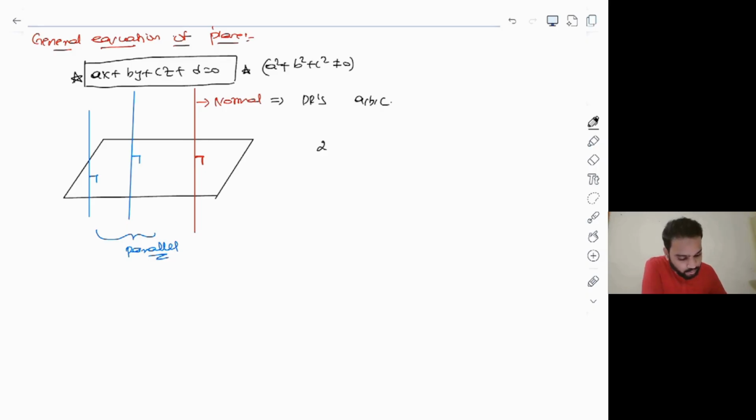For example, if I write an equation of plane like 2x minus 3y plus 4z plus 5 equals 0, the immediate thing to imagine is a plane and a normal to this plane. That normal will have a set of DRs given by the coefficients of x, y, z, that is, 2, minus 3, 4.